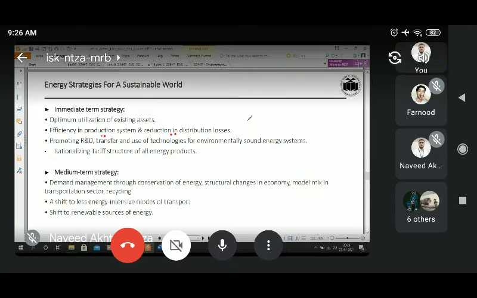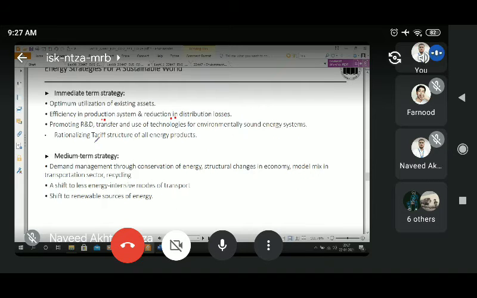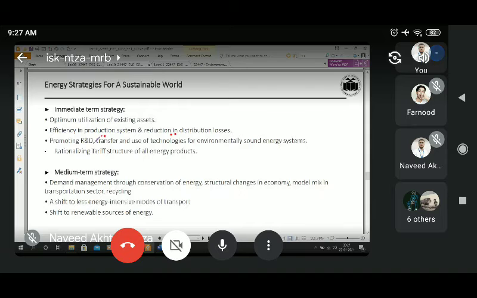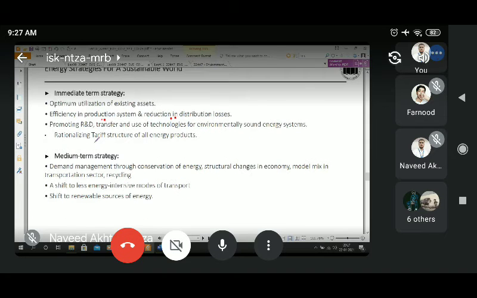It may be another strategy. Promoting the R&D would transfer the use of new technology for environmentally sound energy systems. जैसे कि कन्वेंशनल एनर्जी से अगर नॉन कन्वेंशनल एनर्जी की तरफ हम जाते हैं, तो देयर विल बी the need for the R&D work, you have to suggest the use of the renewable energy resources.